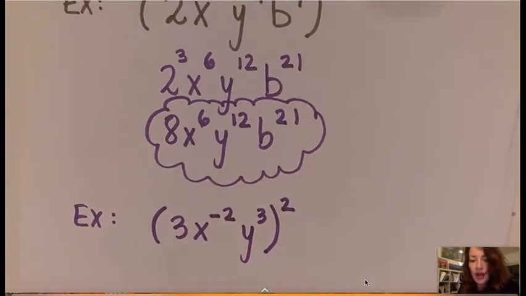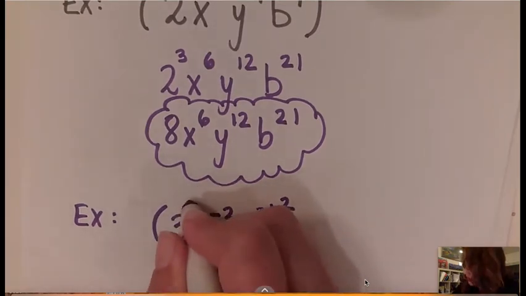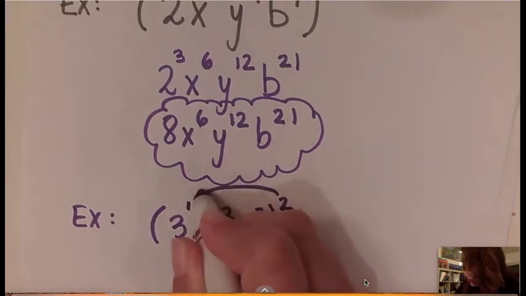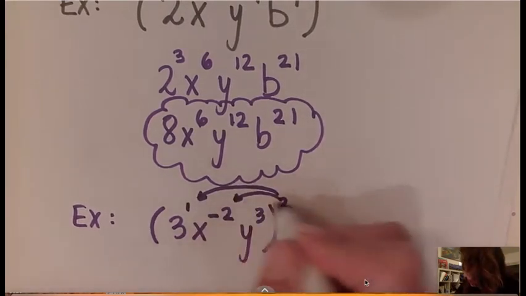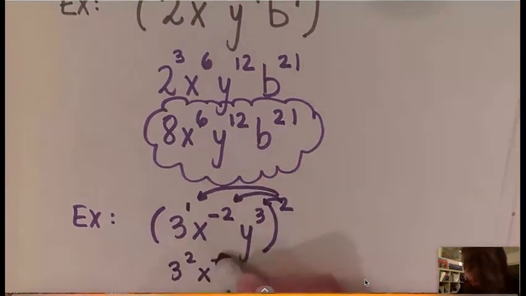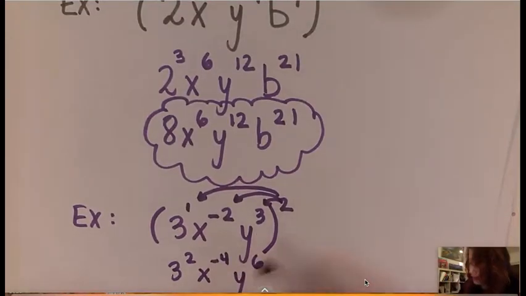We are going to shower the power. Remember, this 3 actually has an exponent 1. So when I distribute the 2 to every power, I will rewrite this as 3 squared. Negative 2 times 2 is negative 4. And 3 times 2 here is 6.